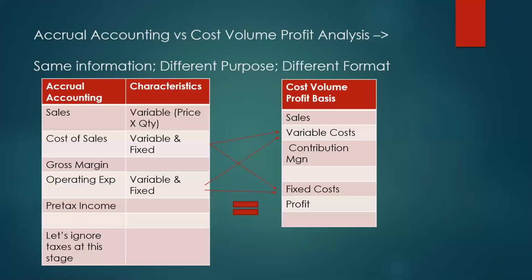If you buy 10 bottles of water at $2 each, you're going to be paying $20. The price per unit is fixed, but total sales is variable because it is dependent on how many units are sold. So the number of units times the sales price per unit. So sales, by definition, are variable.